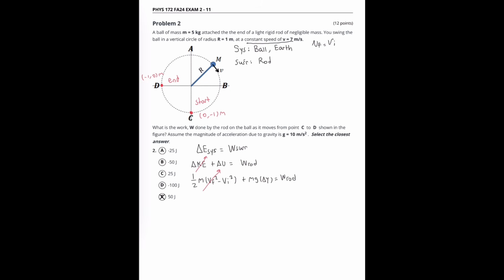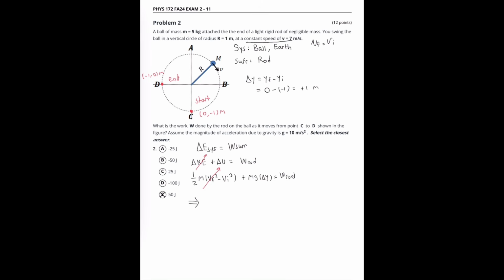So when we do the change of y, it's equal to y final minus y initial. We have that is equal to 0 minus -1, which is equal to +1 meters. Therefore, we can say the work done by our rod is equal to our mass, which is 5 kg, times gravity, which is 10 meters per second squared, times our change in y, which is +1 meters.